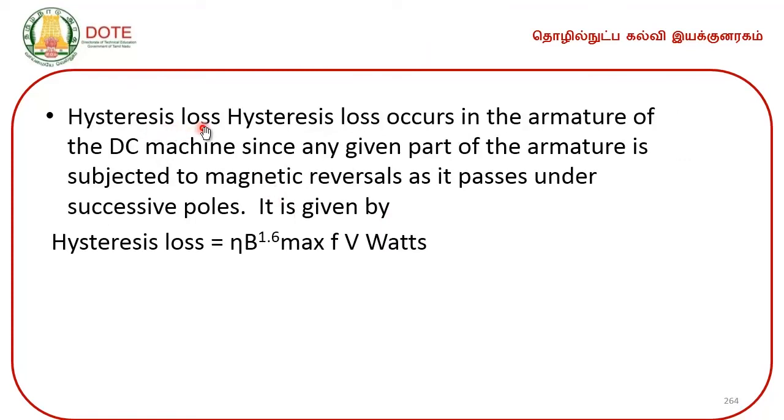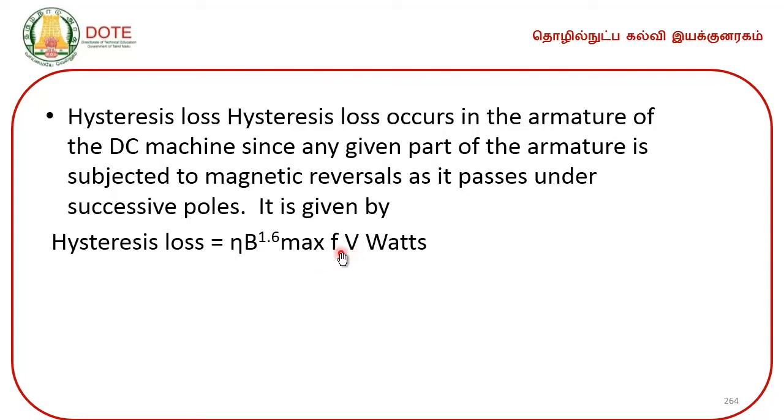Hysteresis loss occurs in the armature of the DC machine. Since any given part of the armature is subjected to magnetic reversals as it passes through successive poles, it is given by the expression: hysteresis loss is equal to eta B max to the power 1.6 into f into V.